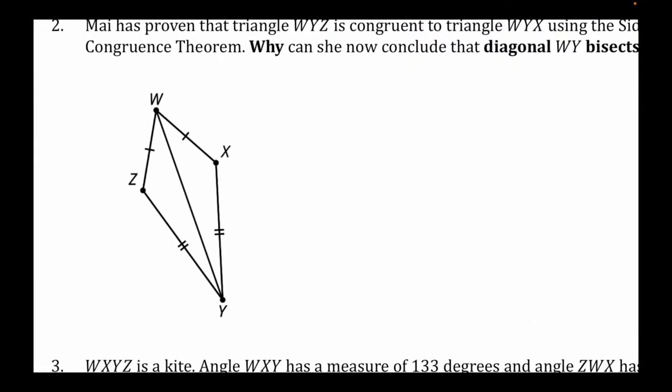So if she's proved this by side, side, side, she's saying that that side there in the middle is congruent. They're asking why she's allowed to say that the diagonal bisects these two angles here. And that comes from her congruence statement and the order in which we actually prove these congruent.